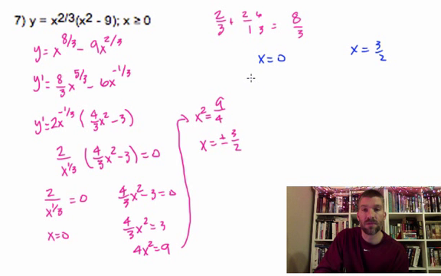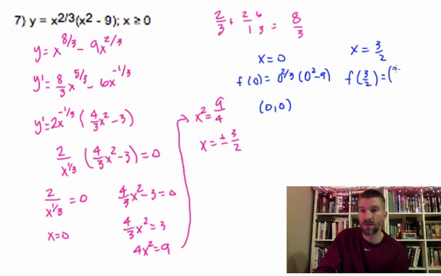So if we're going to discover what the values are at those points, we're going to just substitute them into our original function. F of 0 is going to be 0 to the 2/3 times 0 squared minus 9, which is 0. And on the other side here, f of 3/2, which is going to be 3/2 to the 2/3 times 3/2 squared minus 9.